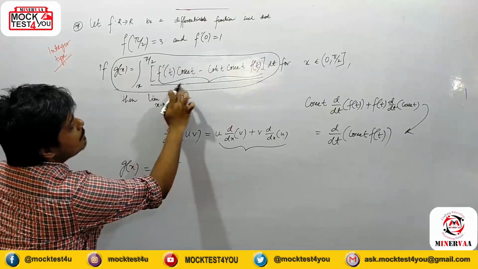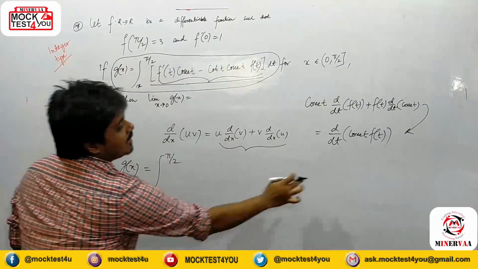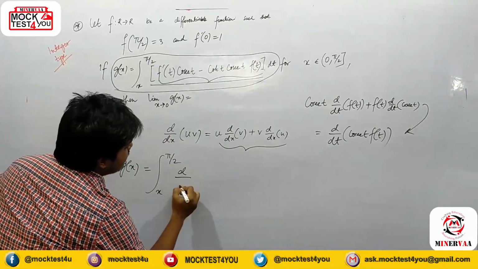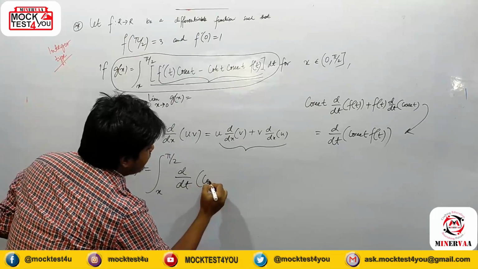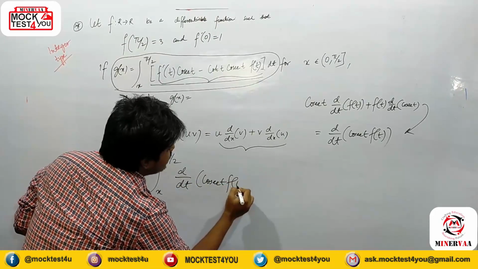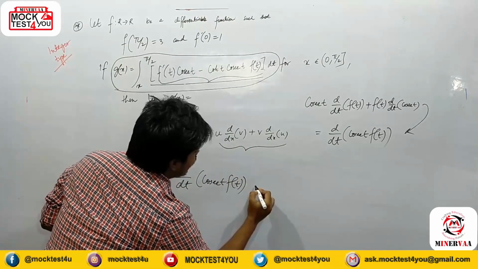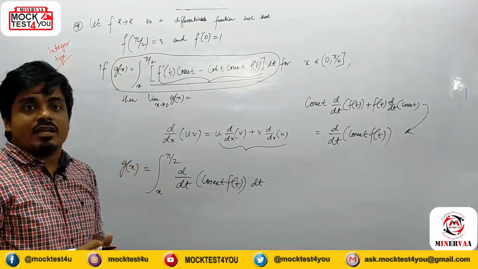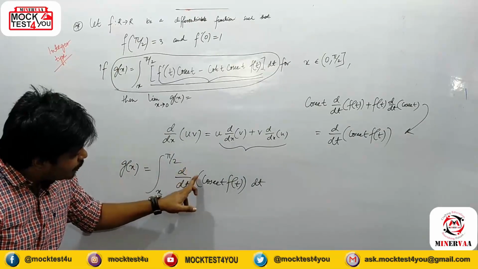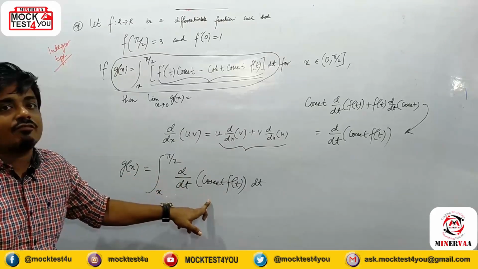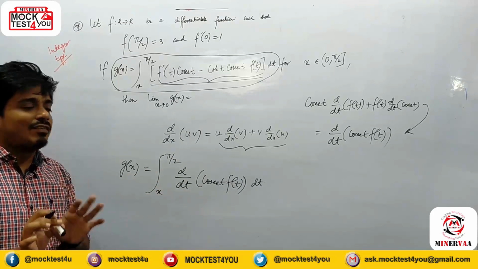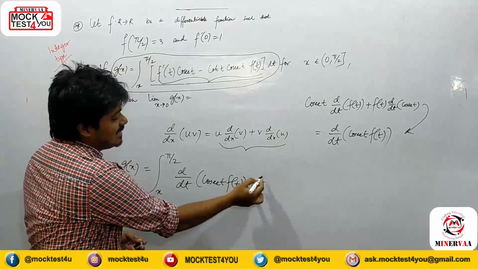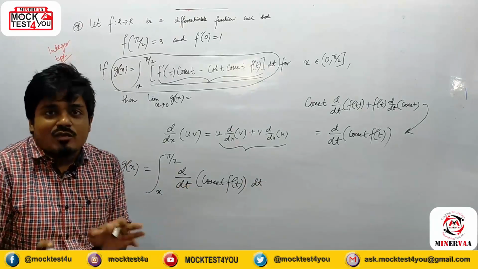So what do you get? In place of this whole thing, I will write d/dt of cosec t into f(t), and that will be dt. Understood? Now what we have is differentiation, then integration.